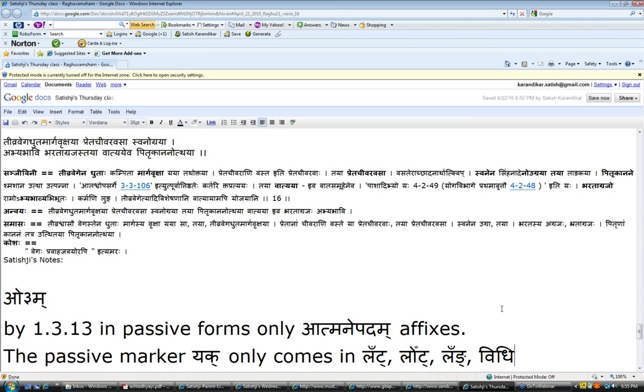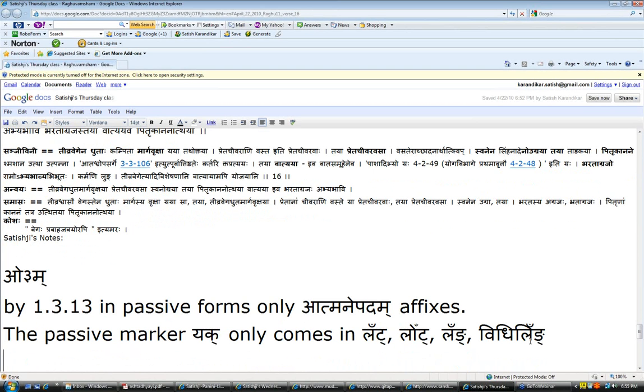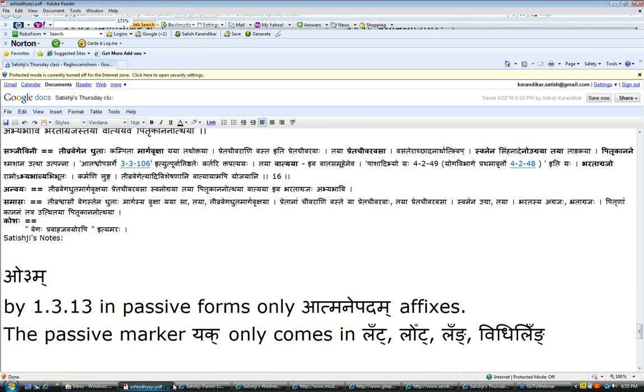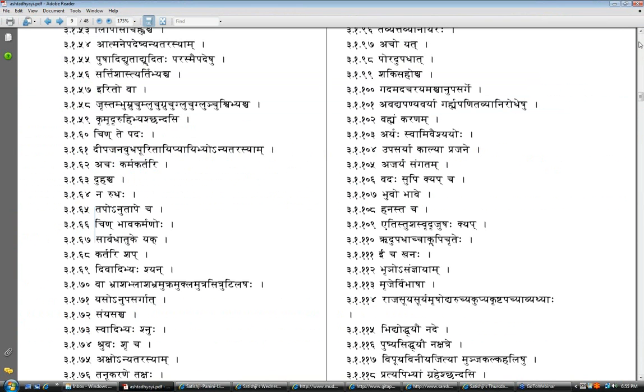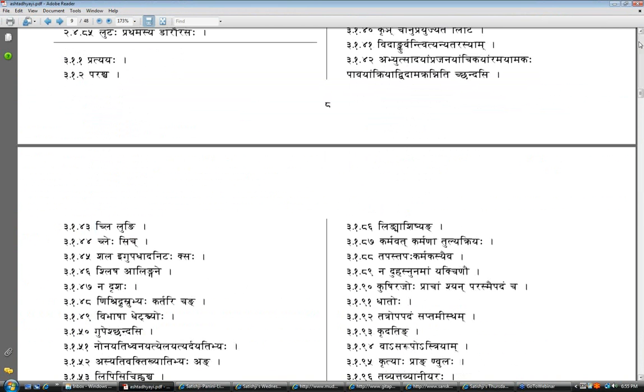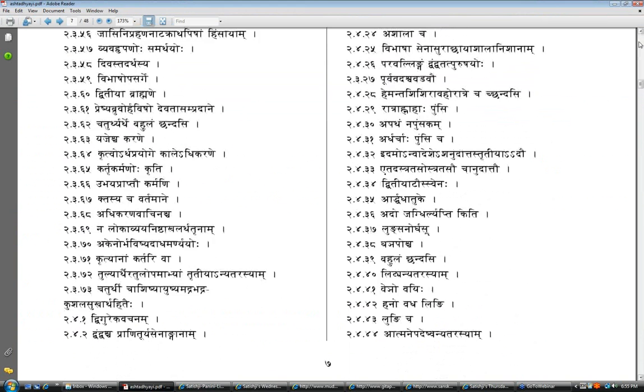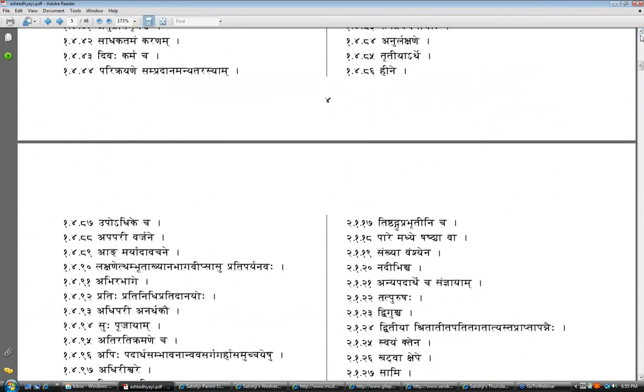One more thing I want to quickly show you is that entire section of 1.3, where Panini talks about when to use Atmanepadam endings and when to use Parasmaipadam affixes. It starts from 1.3.12, anudattanita atmanepadam. Is there ever a question of when to use which ending?